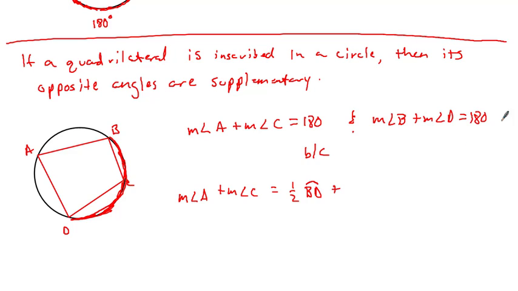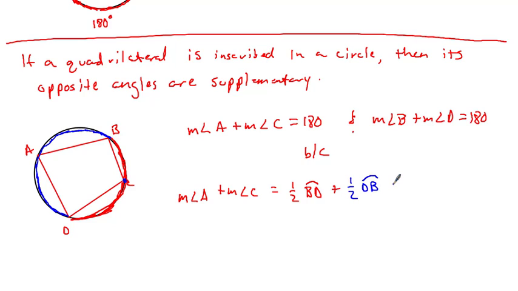Plus the measure of angle C is 1/2 of arc DB. So the measure of angle C right here is from here to here, right? Well, what does all that add up to? That adds up to 360 degrees, right?